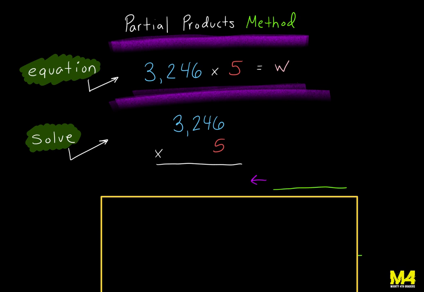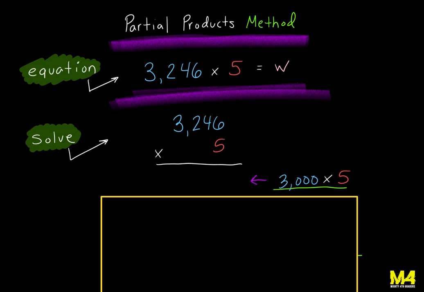I go to this little area here. You can see that I have a line going across. I've got an arrow going this way. What we're going to do is look at our first largest place value, and we're going to multiply that by 5 in this case. So we're going to take the 3,000 and multiply this by 5.